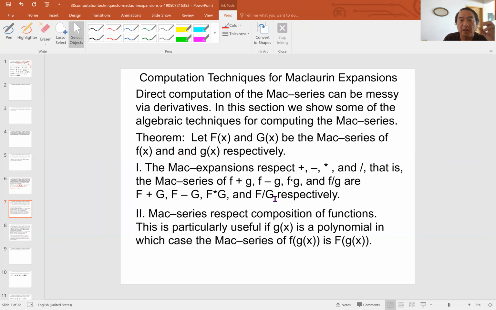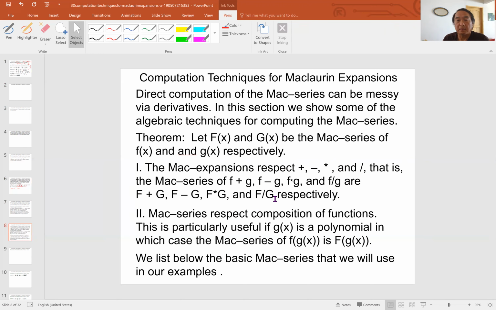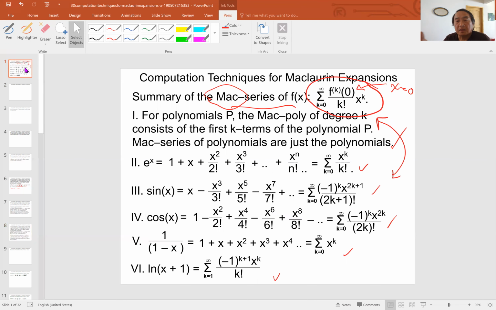They also respect composition. If you take one formula and plug in another formula, you get a polynomial expansion. That's the Maclaurin expansion of the composition. So here are some examples. If you don't remember the formulas, go back to the earlier page and look at it.